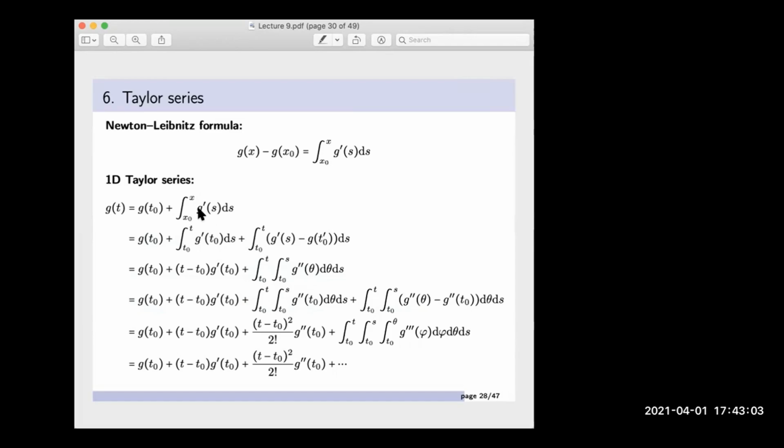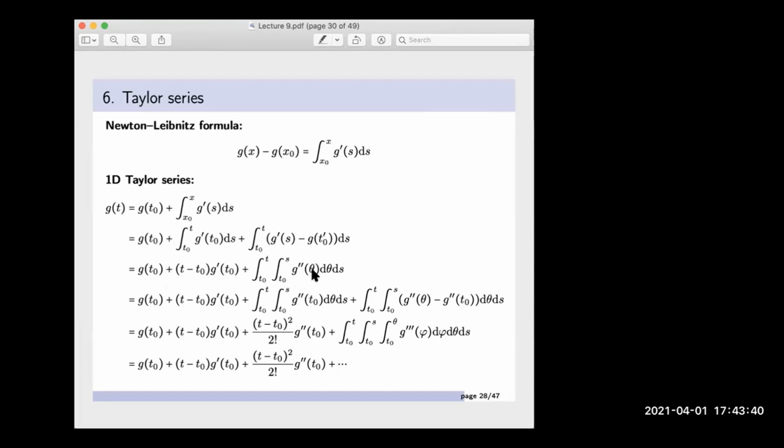But let's decompose g prime of s into the two parts, because then this part can be easily integrated out. It's constant. The integral of a constant is simply the constant times t minus t0. You can write this down. And the second part, you can use the Leibniz formula again. The Leibniz formula says that the change of this function value is equal to the integral of the derivative.